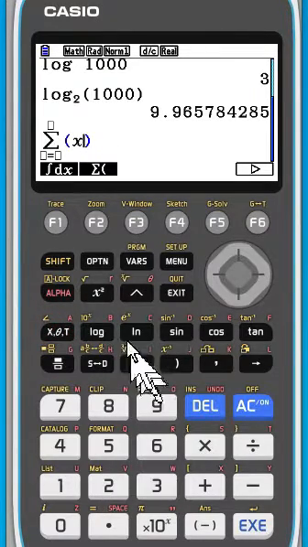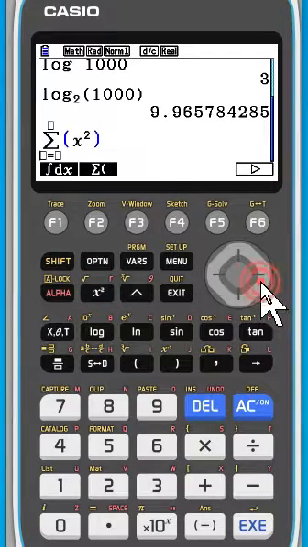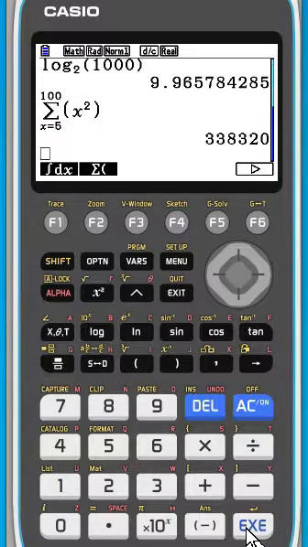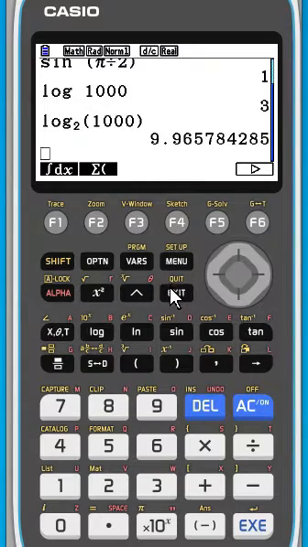So let's say it is x square, and my x is starting from, let's say I would like to find out from fifth term till 100th term. Execute, it calculates the summation of x square, where x is starting from 5 until 100. Okay, because this is an introductory video, I'm not going to talk in detail about other functions.